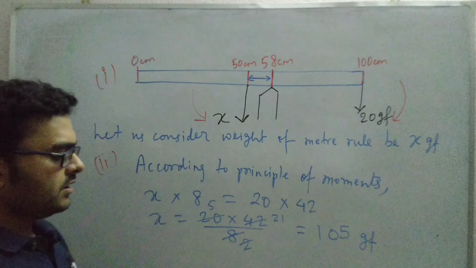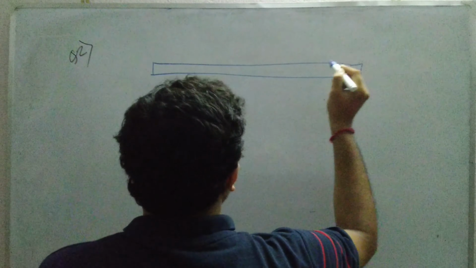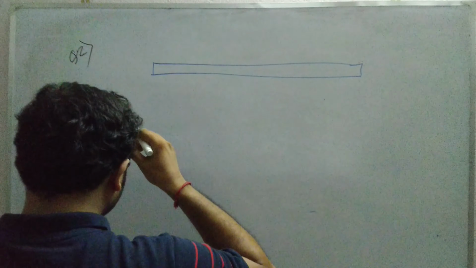In the second question, there is a diagram given. So let us draw the diagram first. Already the diagram has been provided, so it will be a bit easier for you to understand. A meter rule is given.